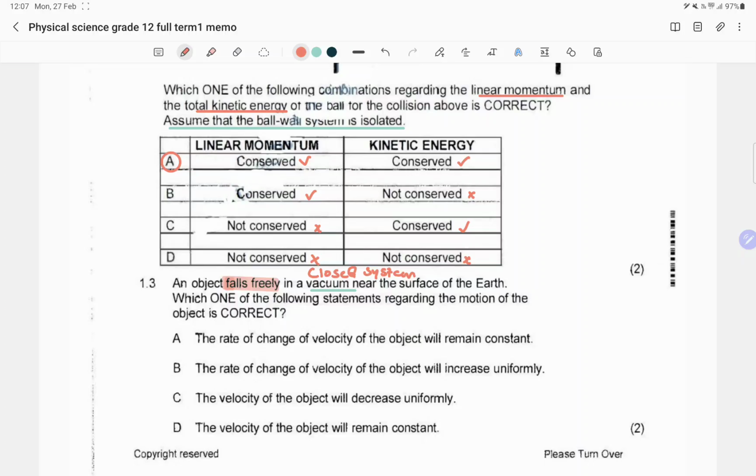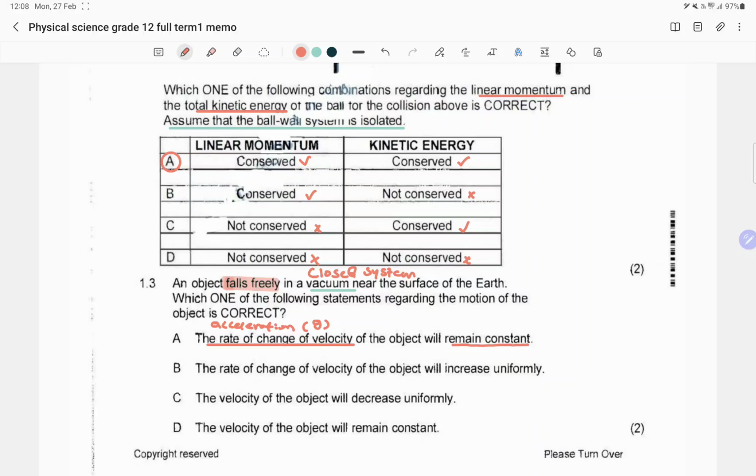All right, not a problem. Now the rate of change of velocity. Now when you talk of the rate of change of velocity, what are we talking about? That is acceleration. And the acceleration in a free fall is the gravitational acceleration. So the rate of change of velocity of the object will remain constant.